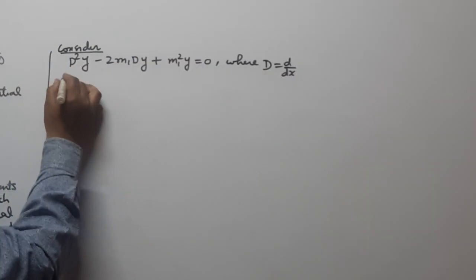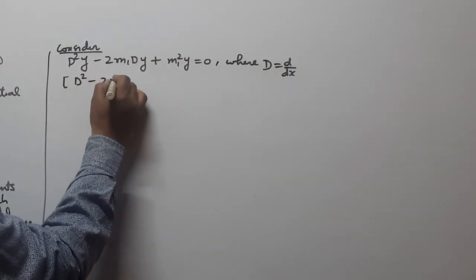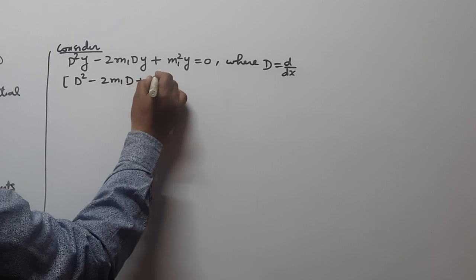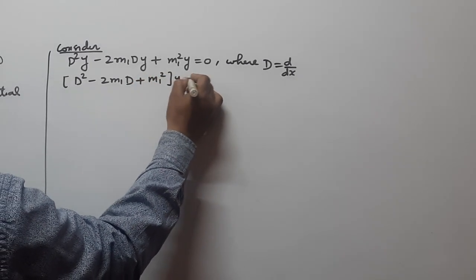Now this can also be written as D square minus 2m1 D plus m1 square, applied to y, equal to 0.